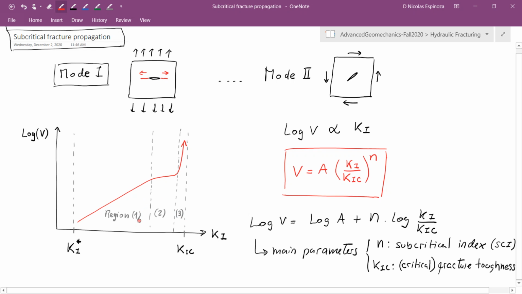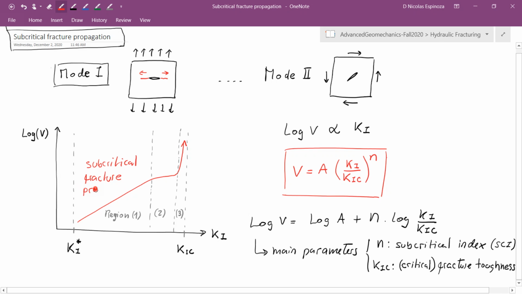First, there is a region in which the logarithm of velocity is proportional to the stress intensity factor. Then there is another region in which there is not much of an increase anymore, but then in region 3, that velocity increases significantly. So this is the region in which we have what is called subcritical fracture propagation.